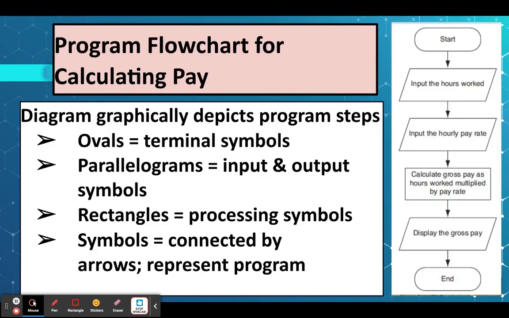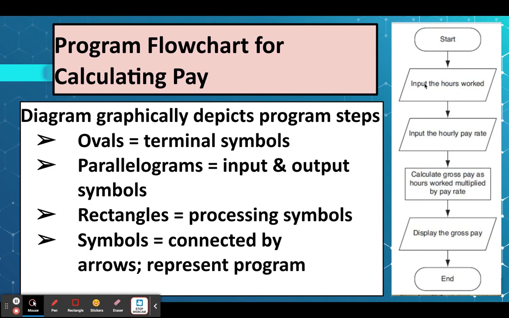Okay. So here is an example of a program flowchart for calculating pay. This one is a written program, and as you can see, it has a beginning, a middle, and an ending. The shapes represent certain items. For instance, the ovals are terminal signals.